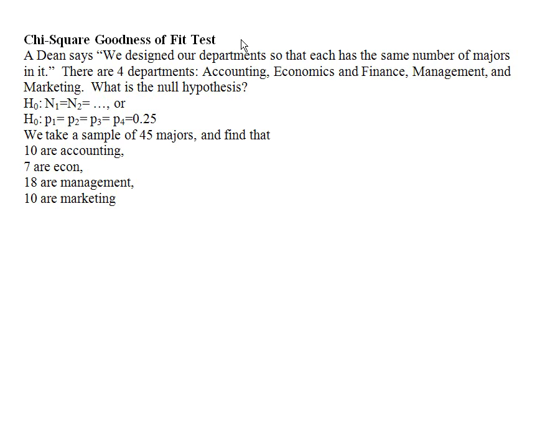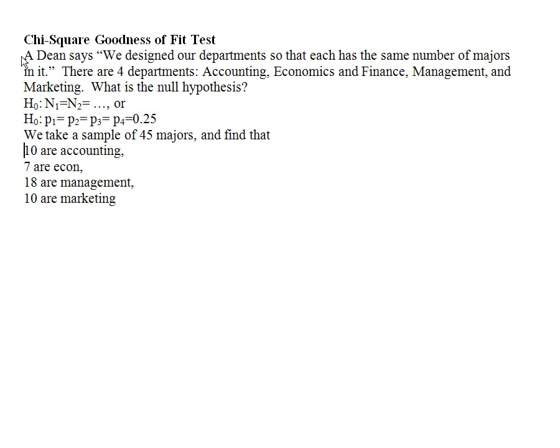And this can also be extended to test whether data fit a normal distribution or a Poisson distribution or anything. Basically what we're doing here is looking at uniform distribution in a way, but we're doing it with categorical data. Sometimes people call this a goodness of fit for multinomial data, multinomial population.